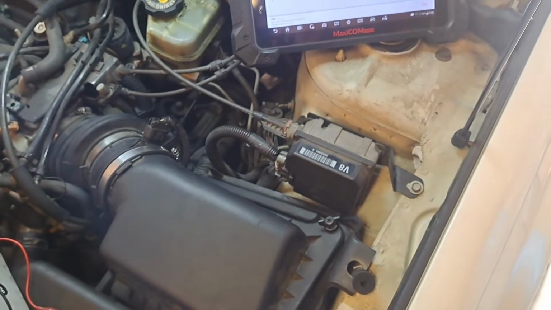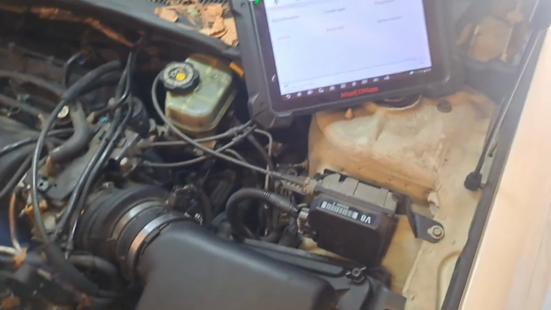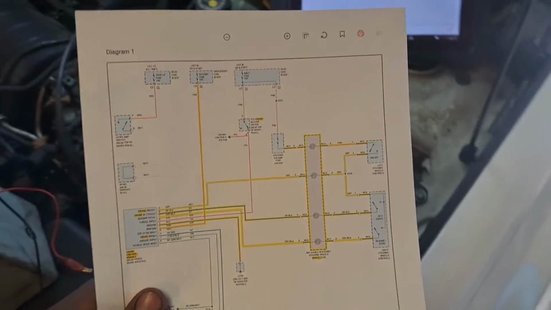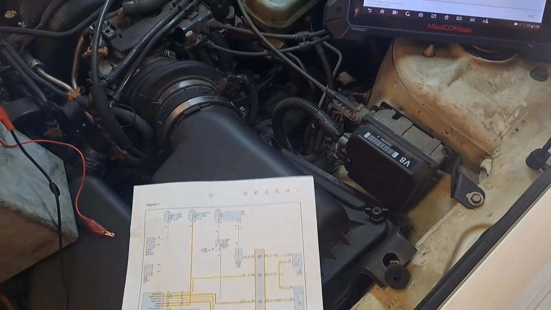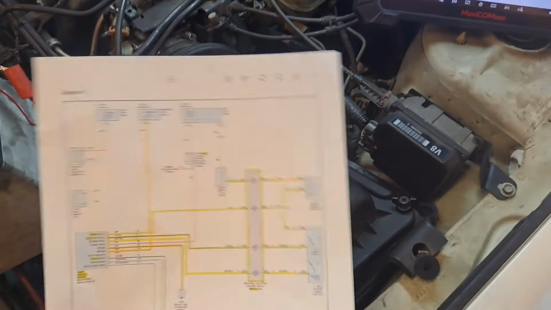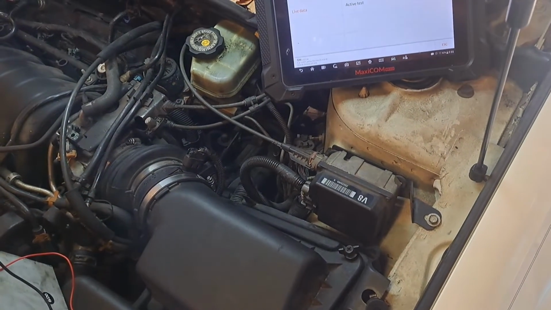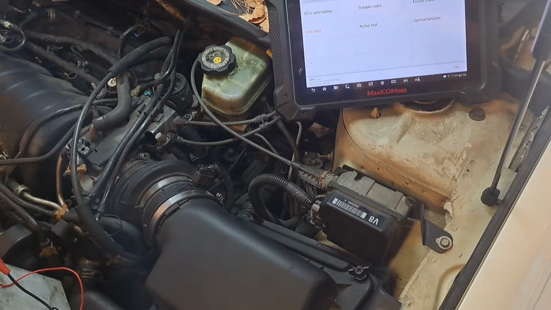So with that said, I pulled the wiring diagram and printed that out real quick. I'm going to go over what I was looking for, and what should happen versus what's not happening.